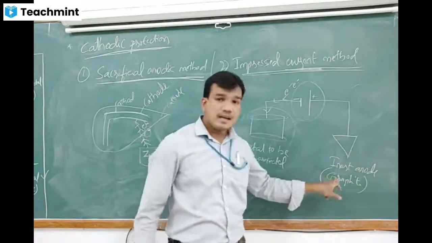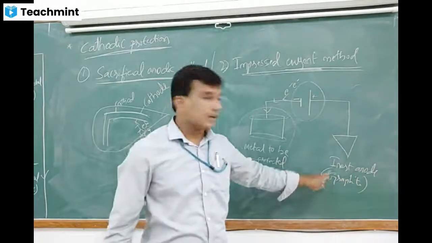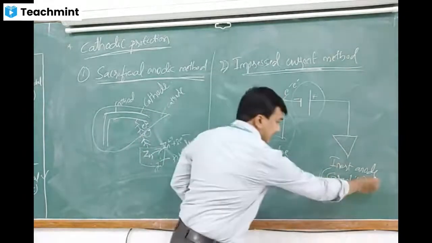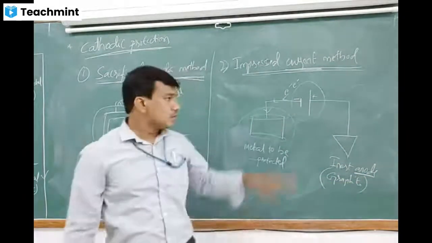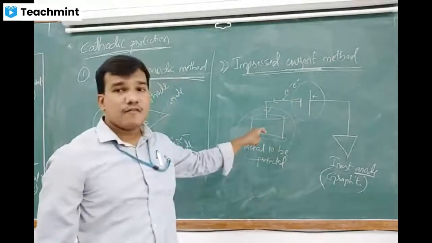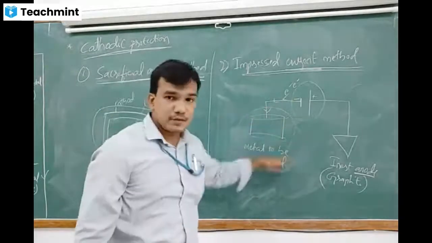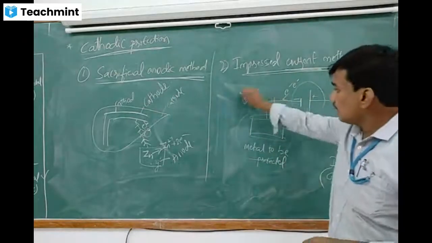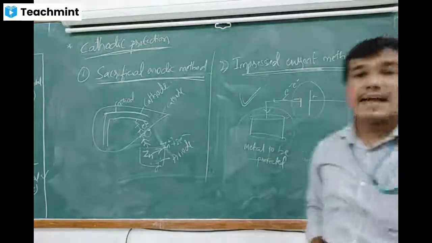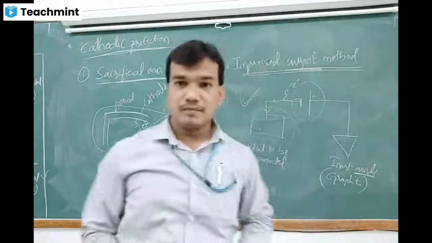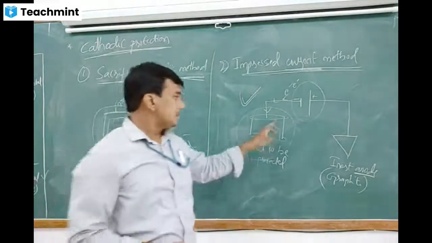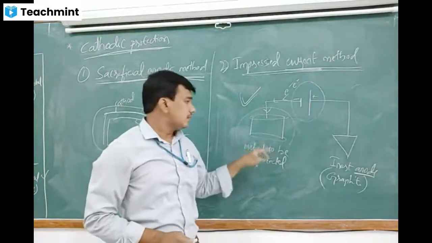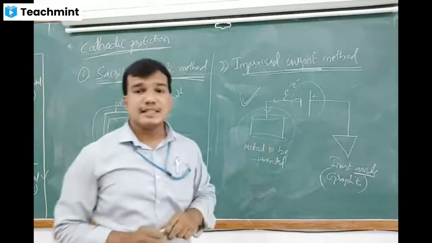Graphite will not undergo corrosion; it only acts as anode. So with the supply of electric current, we can save the metal. This impressed current method is used for gas pipelines.